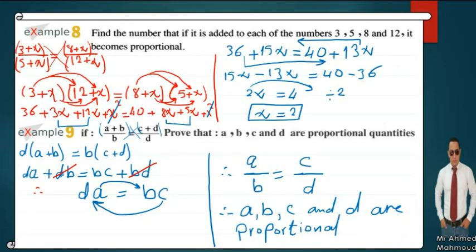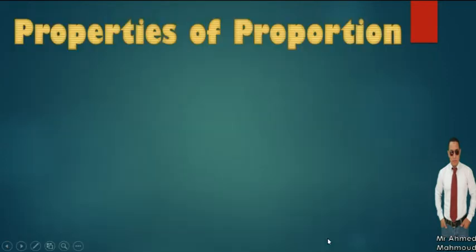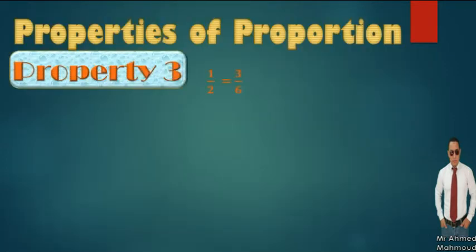Okay, now I'm going to study property 3. In this property, if we have two fractions, 1 over 2 equals 3 over 6, then we can find another proportion from those two fractions like this: 1 over 3 equals 2 over 6.